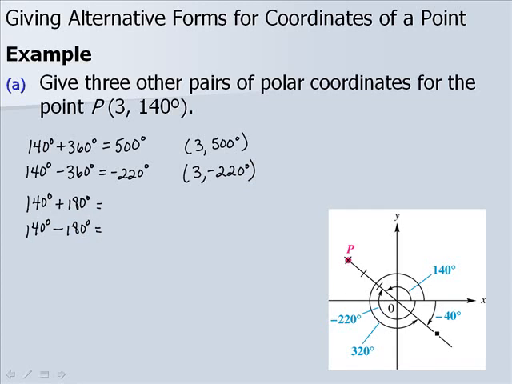But since we're in quadrant 4, instead of using positive 3 to get our value of r, we'll use negative 3 for each of these, so that we convert back to the point in quadrant 2 that we want. And our values here would be 320 degrees and negative 40 degrees. So we've actually found 4 points instead of 3.